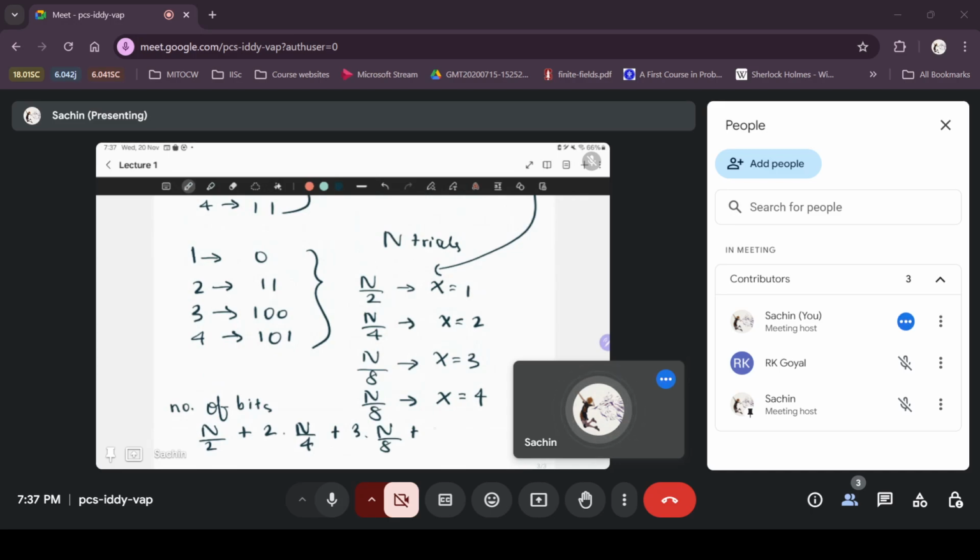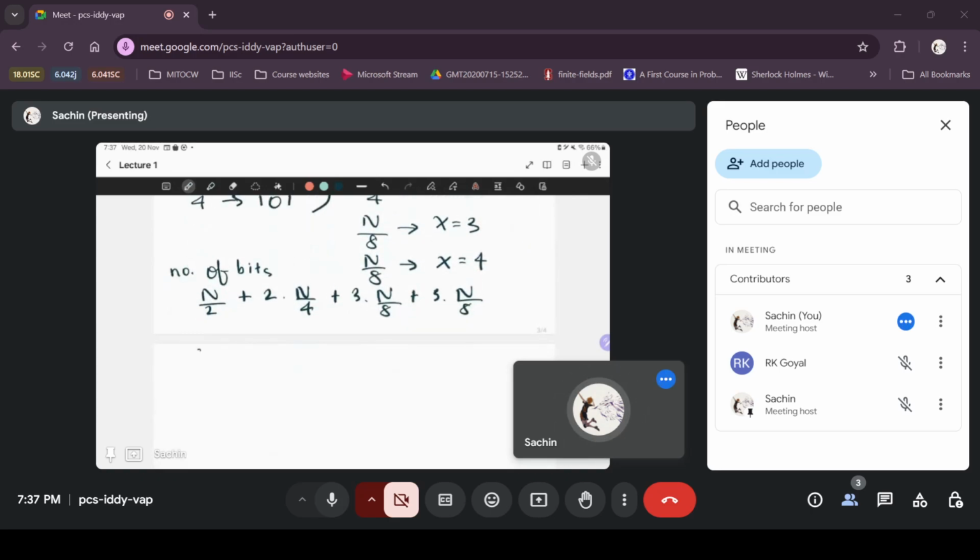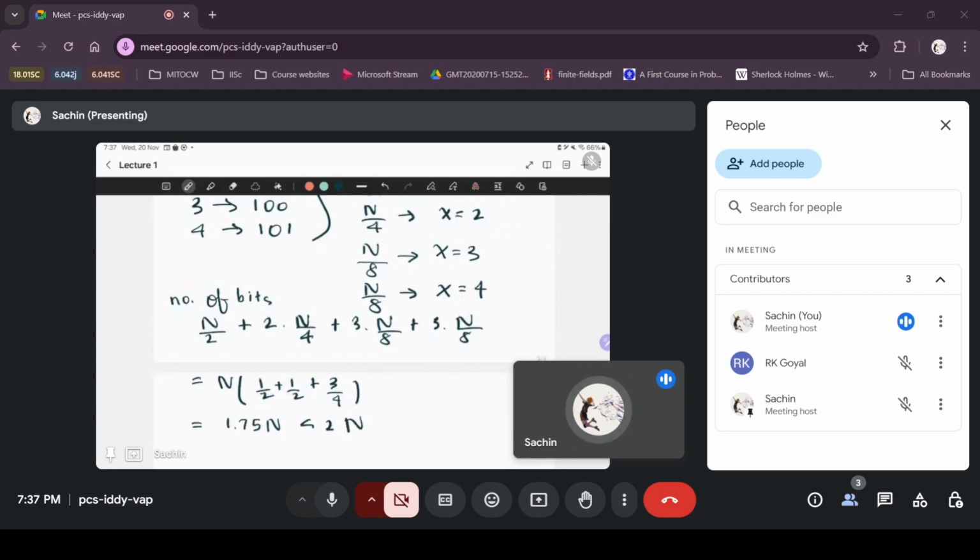And each time you'll use 3 bits to represent it. So now the total number of bits you have used is n times half plus 3 over 4. This is 1.75 times n, which is less than 2n, right?